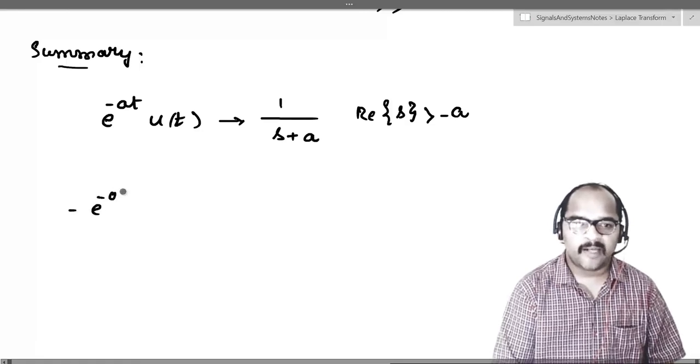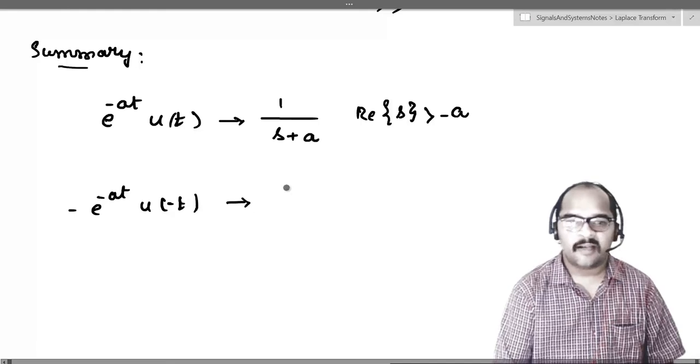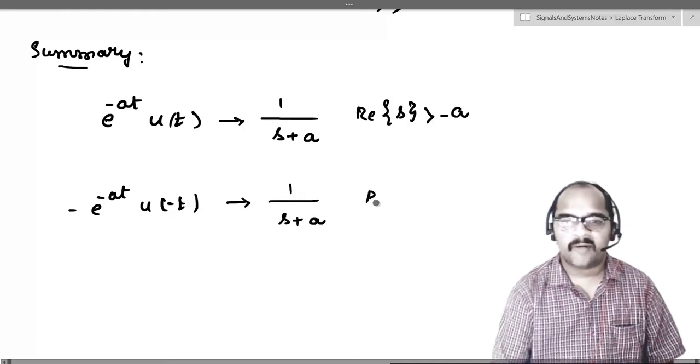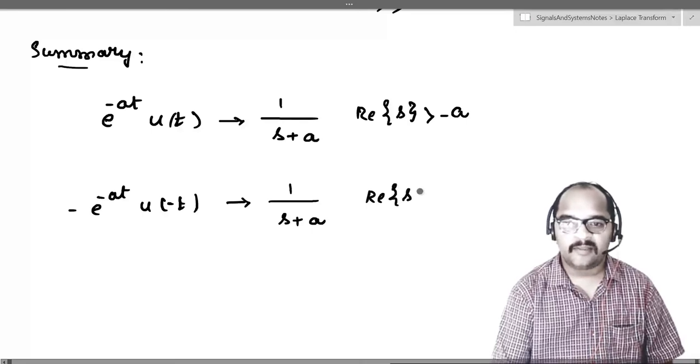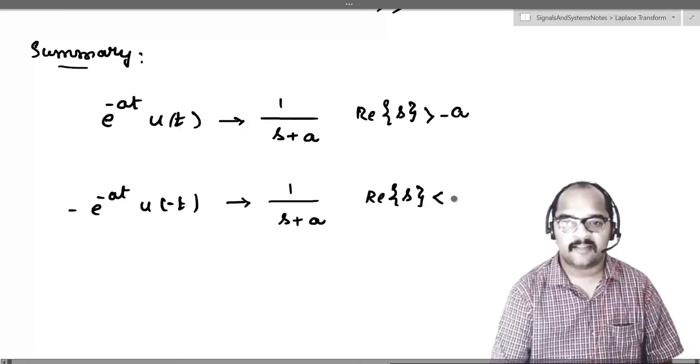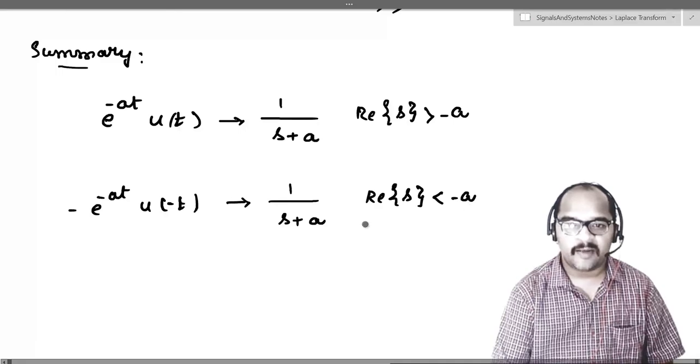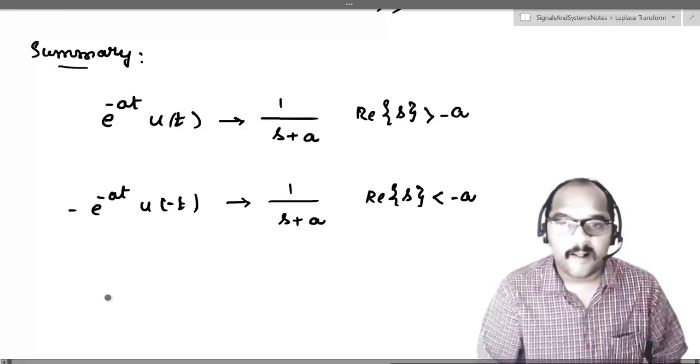Similarly, minus e power minus a t u of minus t, this fellow also we got the Laplace transform to be 1 by s plus a. But what happens? The ROC changes, which is given by real part of s less than minus a.